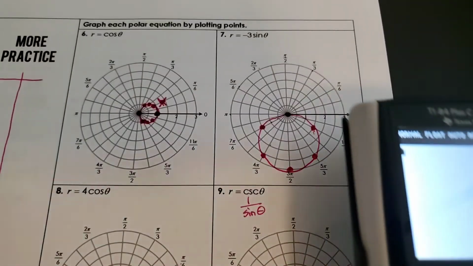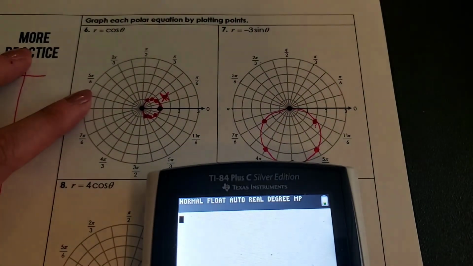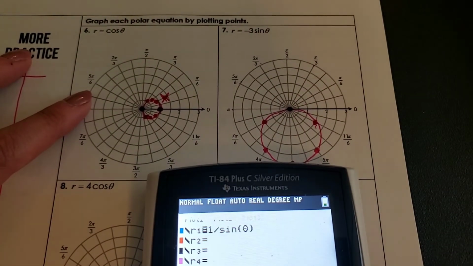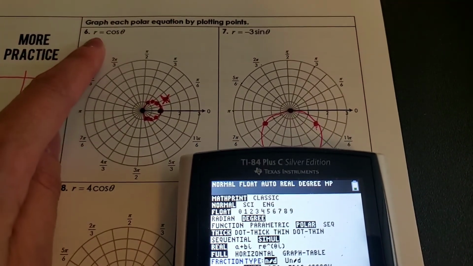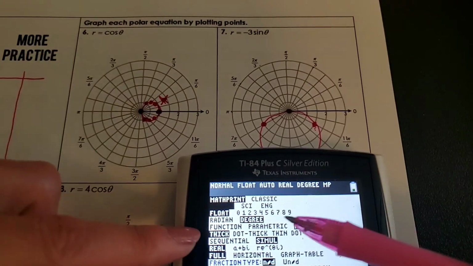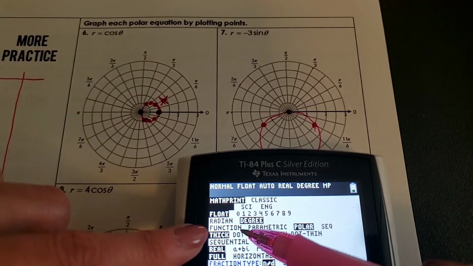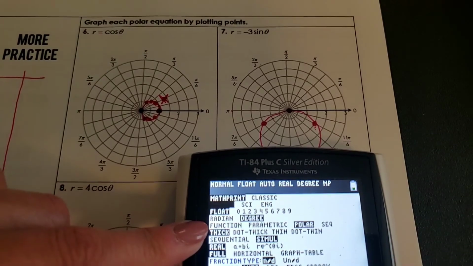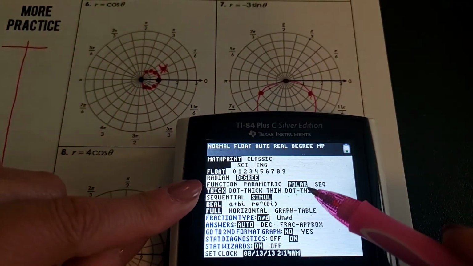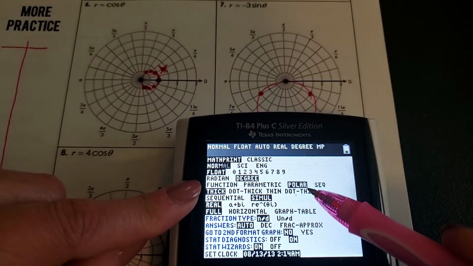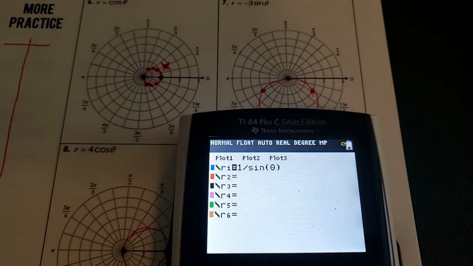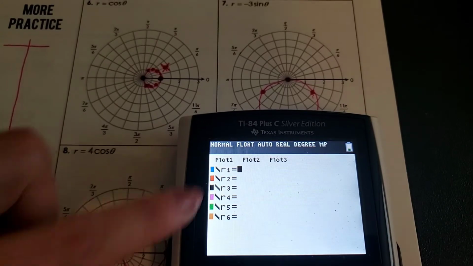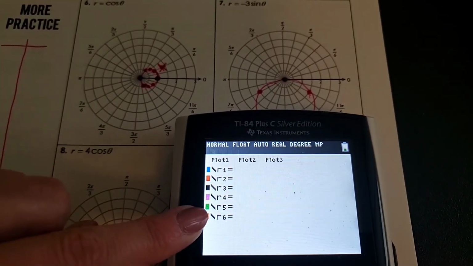Okay, let's take a look here. I've already changed my calculator because I was practicing, but we're in polar form. So instead of the function mode, which is our y equals, you need to actually go and choose polar. And you can play with this. We're not going to go through all of this, but when you go into the y equals button, it now is r equals.